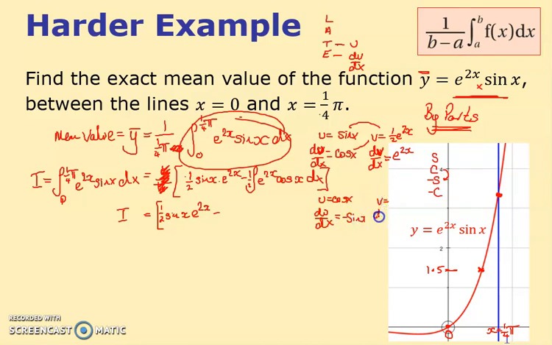And my dv by dx is the e to the 2x again. So that's a half e to the 2x over here. So it's minus. Now I've already got a half. So it's a half of these two, which is a half cos x e to the 2x.